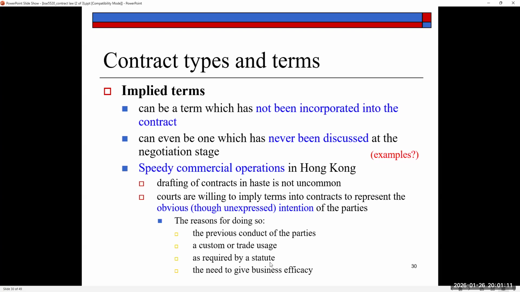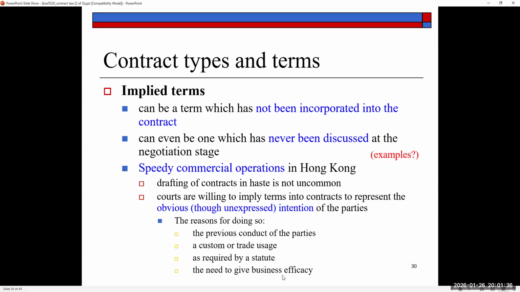Statute relates to the term statutory requirements. Statute, written law, legislation, ordinances, regulations. Okay? So what are required by the regulations, the ordinances? They are implied, even though they are not mentioned in the contract.